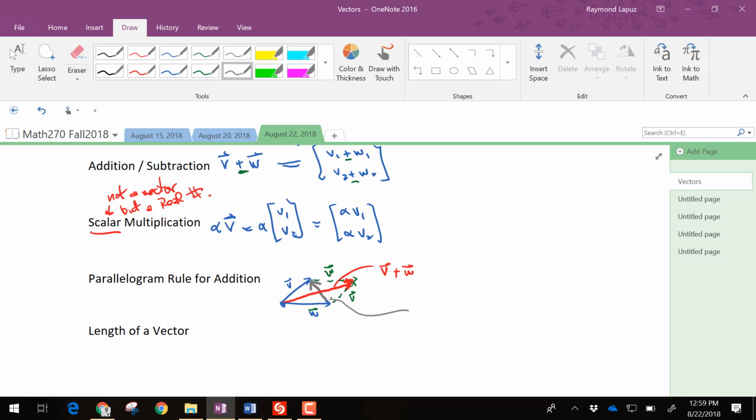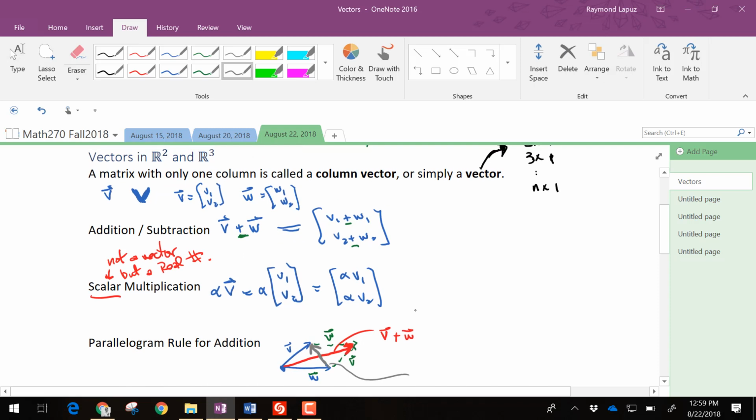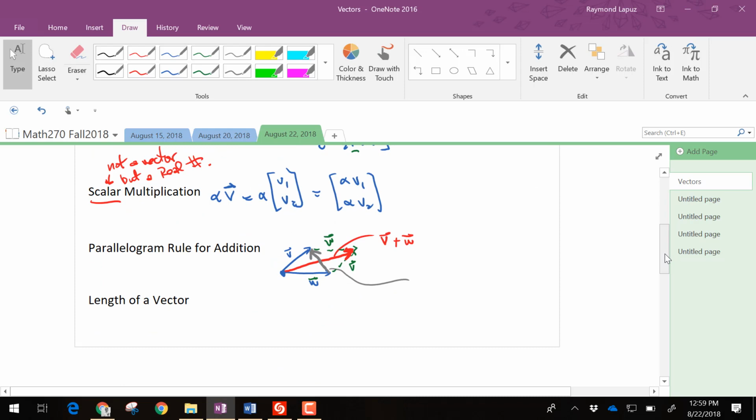W minus V? Agree? Do we all agree? It's not. It's V minus W.